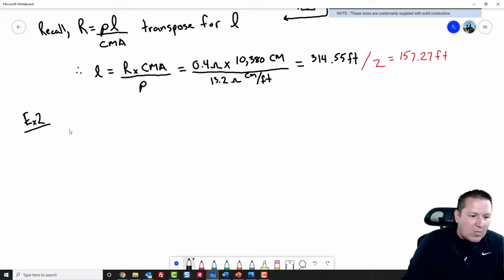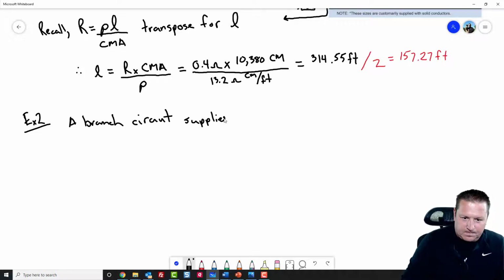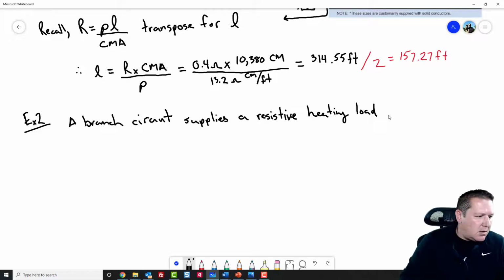So a branch circuit, it's probably somebody's homework, right? I think it was on Reddit. Branch circuit supplies a resistive heating load. Resistive heating load, okay, that makes sense. Of 10 amps. Okay, good.